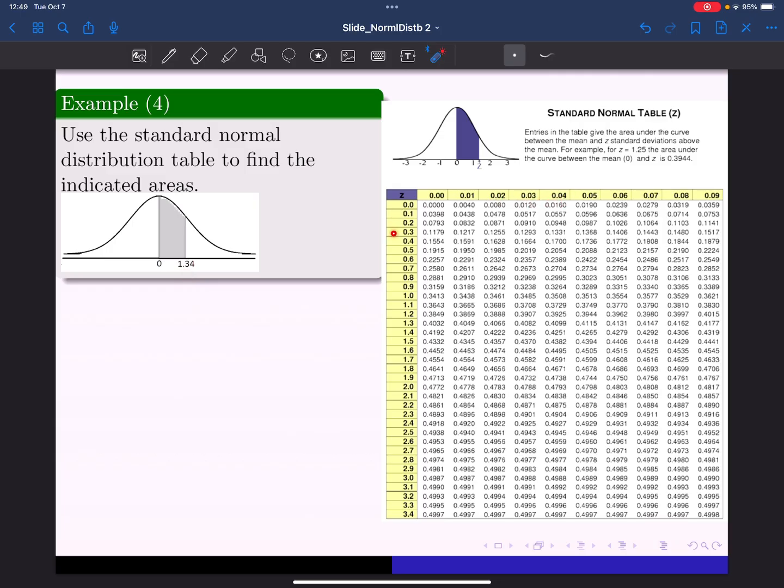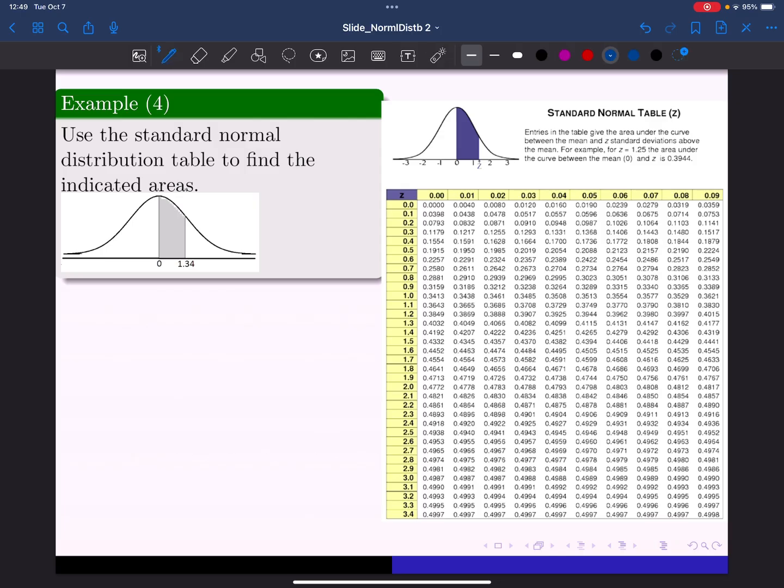So we're going down to find 1.3 and then moving to intersect with the 4. The first two digits are right here, and the last digit 4 is right on the top. So this is my area.